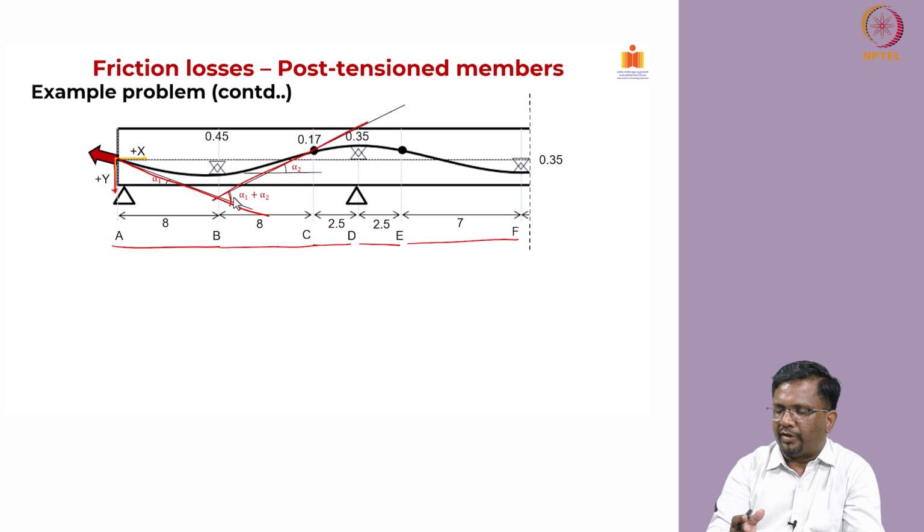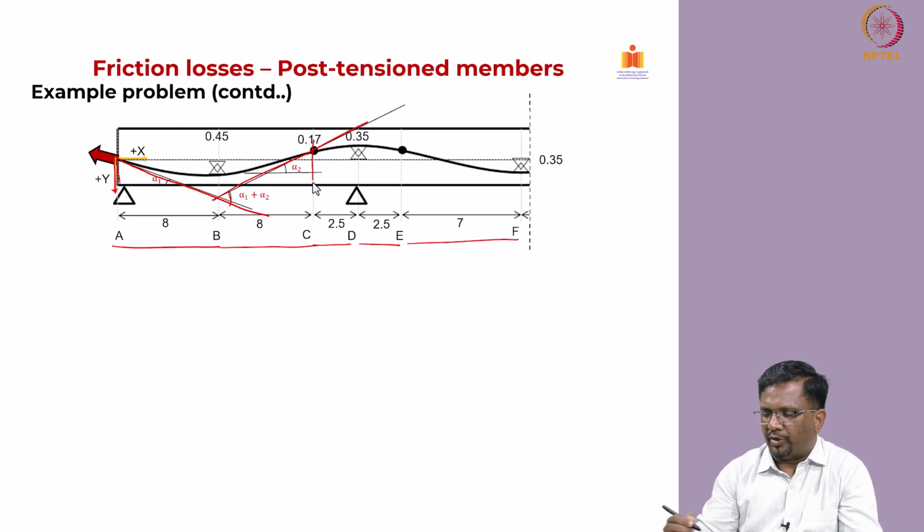Let us say I am calculating from this point to this point, the total angle change of the cable profile is alpha 1 plus alpha 2. I also need to know the slope at each point. To calculate the slope of the cable profile at each point, I need to form an equation for this cable profile. Let us look at how we form that.